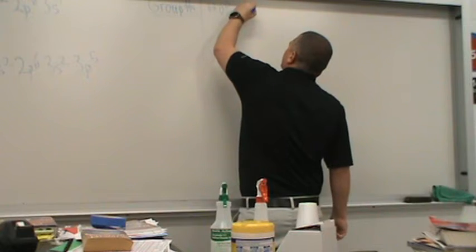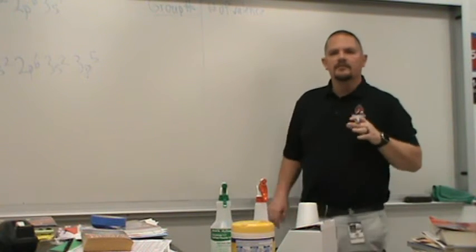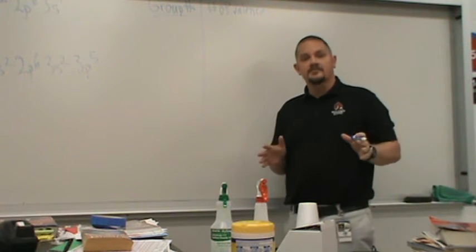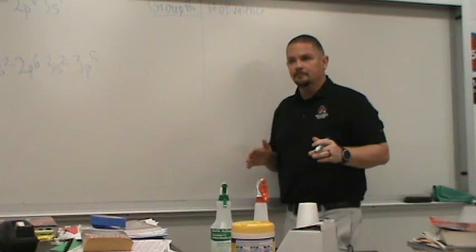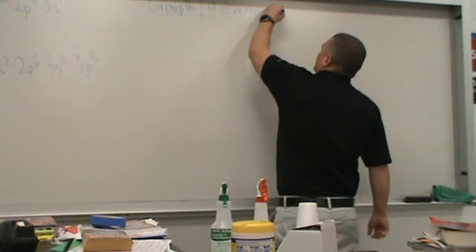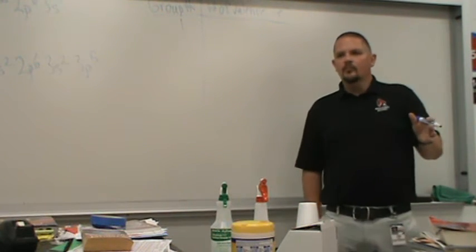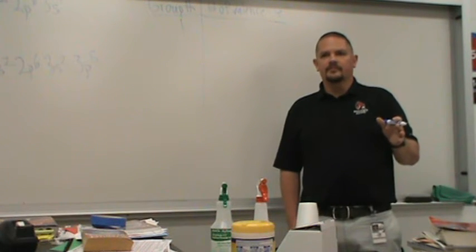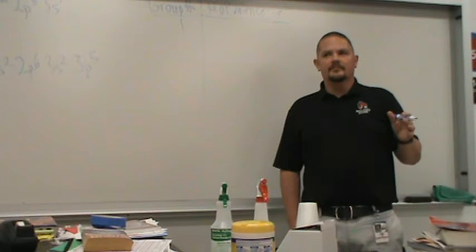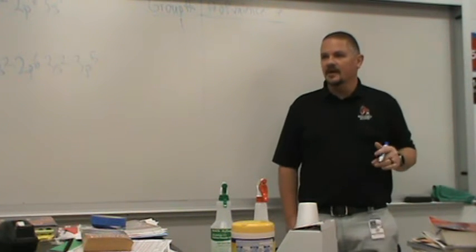So we're going to be leaving out the transition metals and the inner transition metals. Okay? All right, so elements in group 1. Where's group 1 on the periodic table? The very left. Yeah, the first column on the left-hand side.